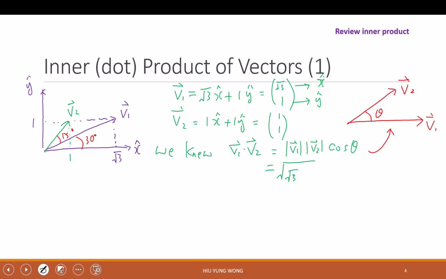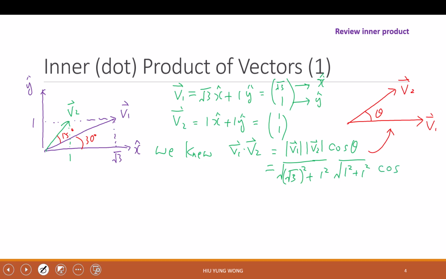X component square, Y component square. Very good, right? X component square plus Y component square, take the square root is the length, okay? Then how about that for V2? 1 square plus 1 square, because both are 1, right?